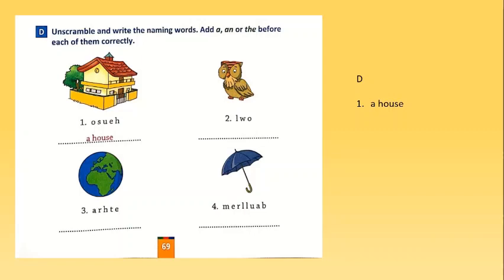So let's put them in the correct order. The correct order is O, W, L. And because owl begins with a vowel, we will use article an owl.